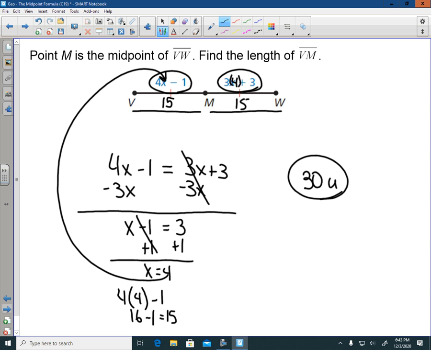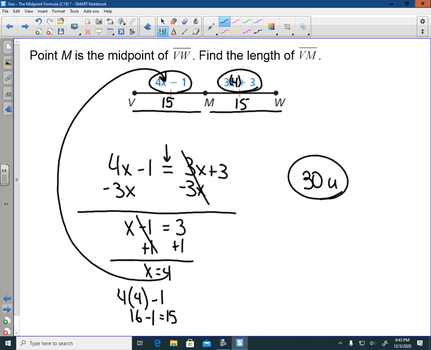So to solve a problem like this, first of all, you're going to read the problem carefully, understand that you're being asked to find the length of VM, but you don't have numbers yet. And so be clever. Notice that 4x minus 1 is the distance between V and M. 3x plus 3 is the distance between M and W, and that those two pieces are congruent, and so they must be equal.